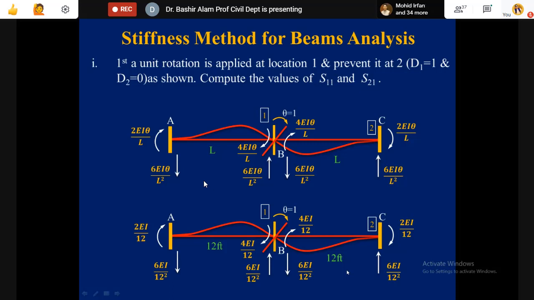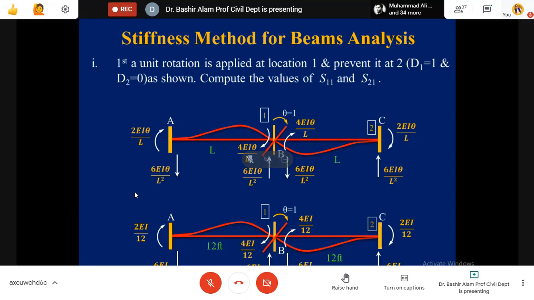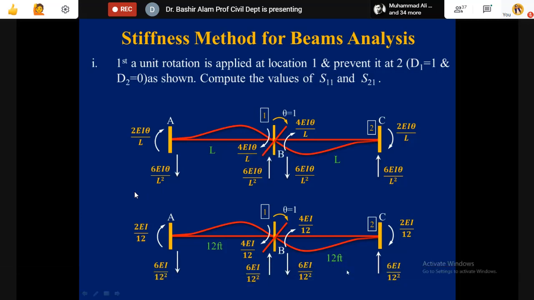Can somebody tell me what will be the value of S11? Why 0? Huh?